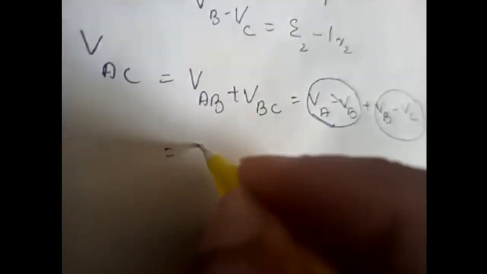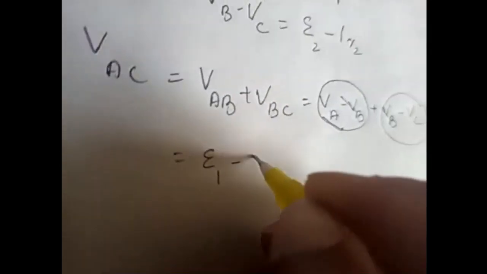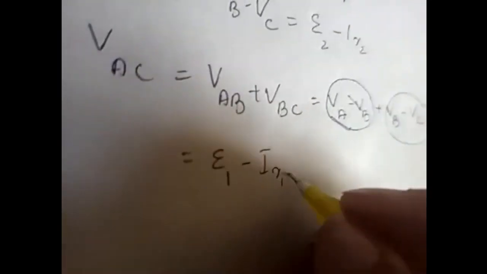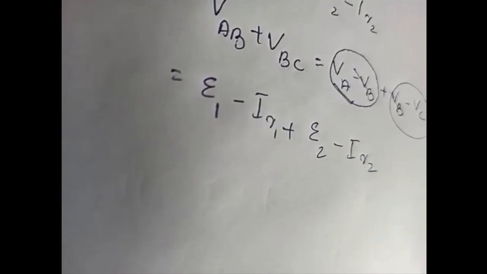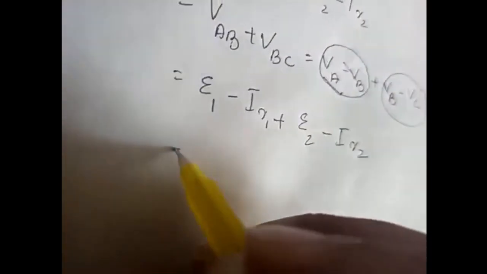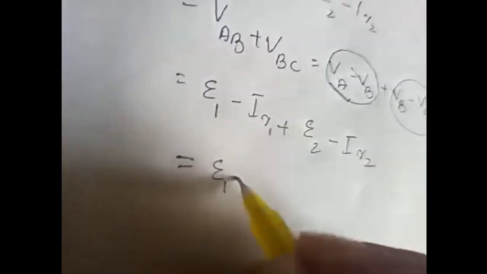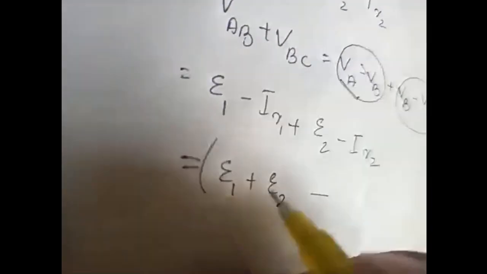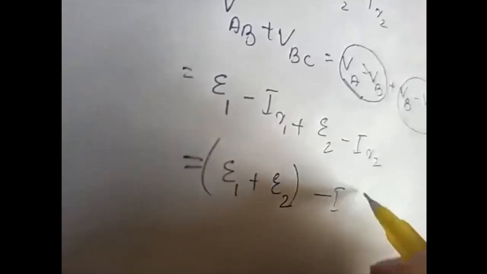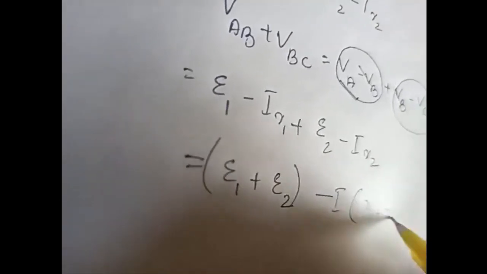But what are this V_A minus V_B and V_B minus V_C? We have already found that out. That will be equal to E1 minus IR1 plus E2 minus IR2, which is E1 plus E2 minus I into R1 plus R2.